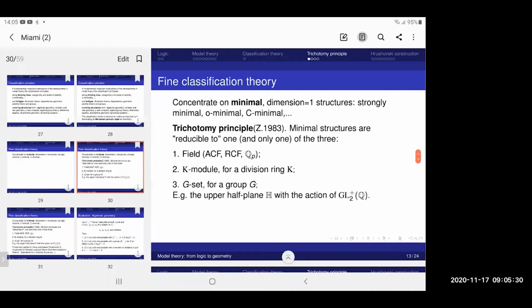Okay, the most important, well, at least to me, is this trichotomy principle that I suggested many years ago in the form of a conjecture, which I can say from the outset was refuted.